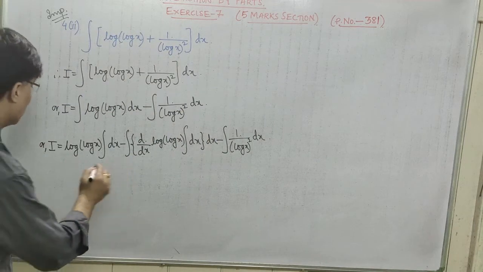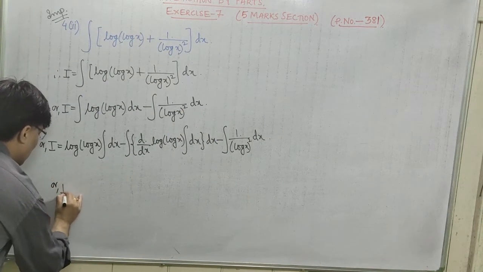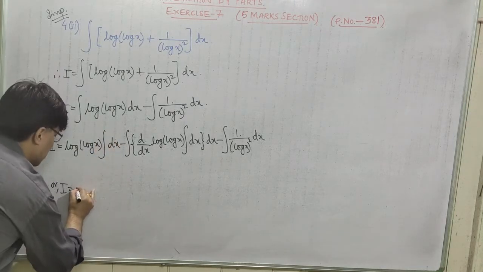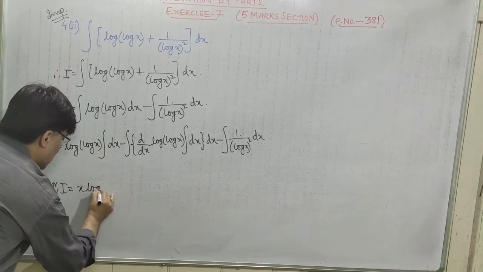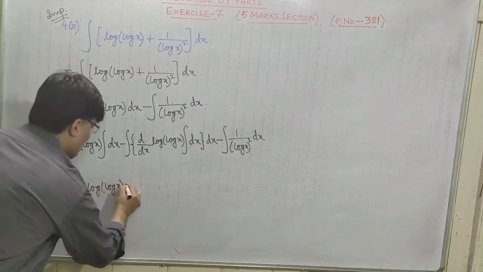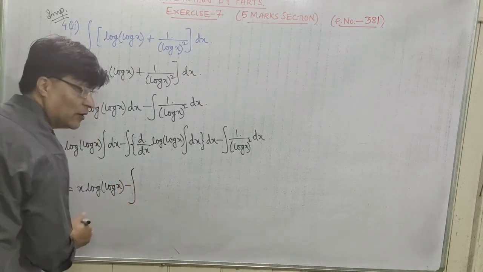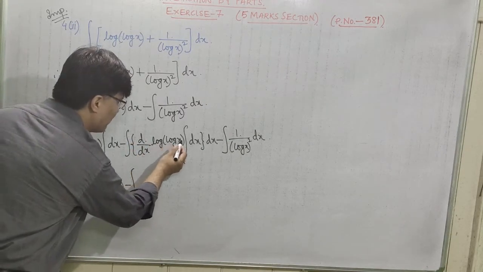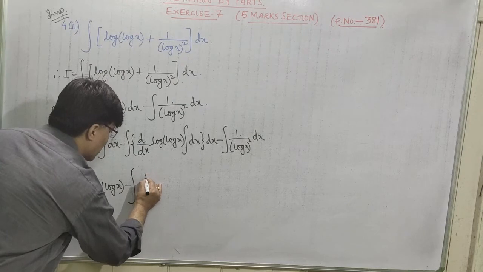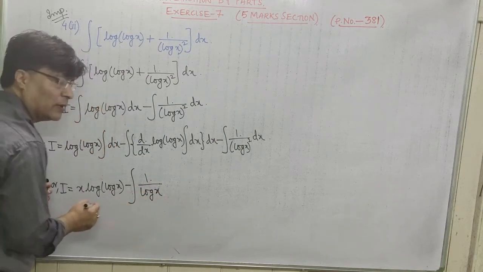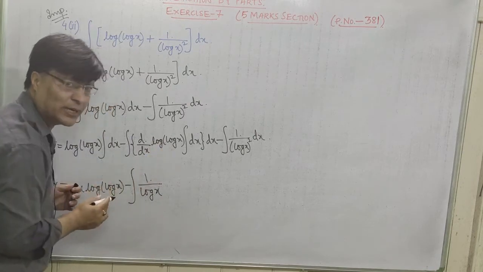Is that clear? So next, I is equal to, let us first integrate. What is the integral of dx? This is x log of log x, minus the integration of d by dx of log x. What is the differentiation of log x? 1 upon x, but here it is log x, so again differentiate the term which is assumed as x.